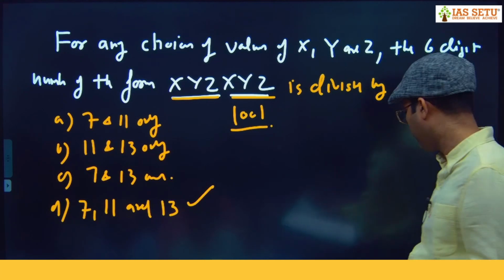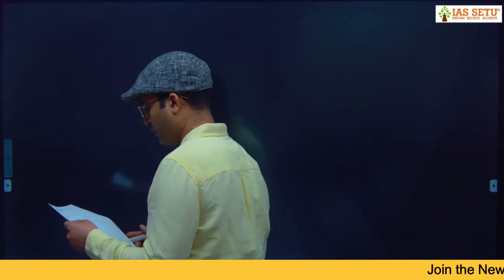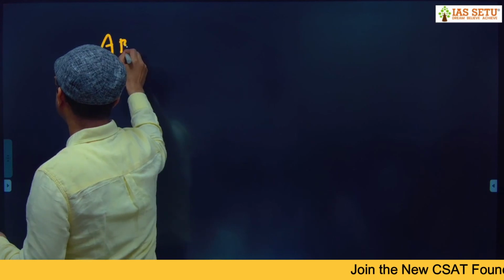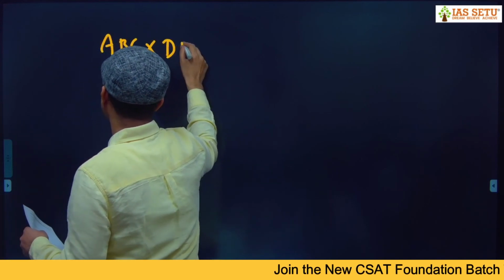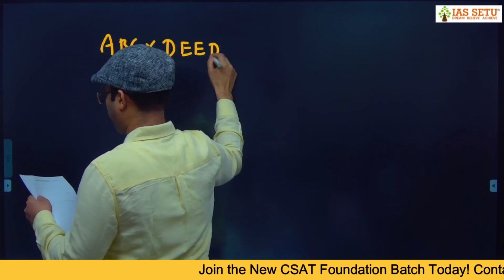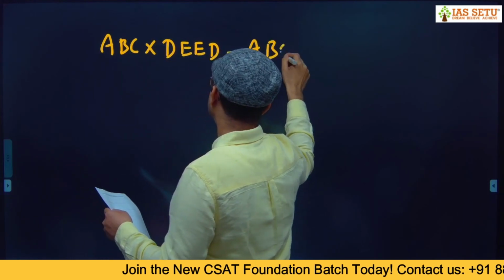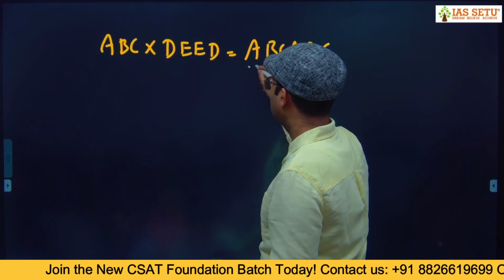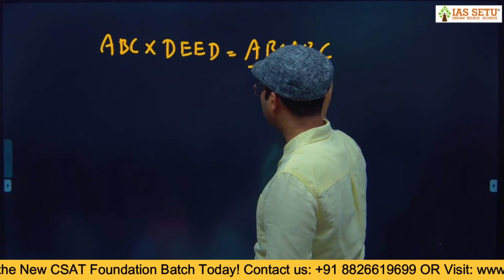2015. ABC into DEED is equal to ABCABC. It is a 6-digit number.